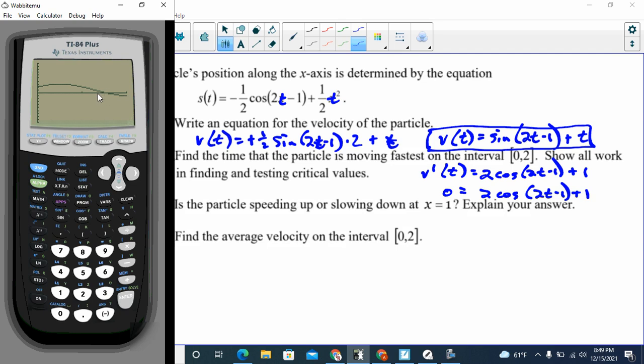Looks like we only have one critical number there. We want to calculate the zero. It's somewhere in between 0 and 2. 1 and 2 would also work for your left bound and right bound. Just push enter again. And there's our critical value. T equals 1.547.